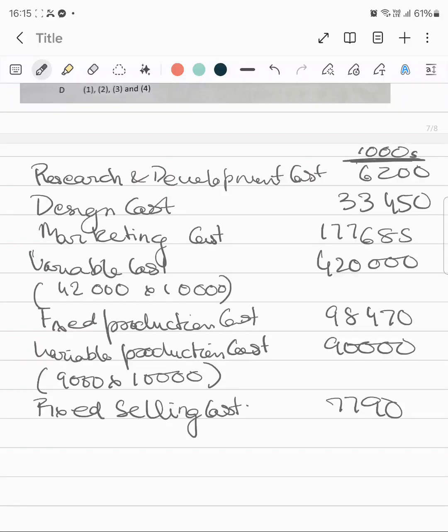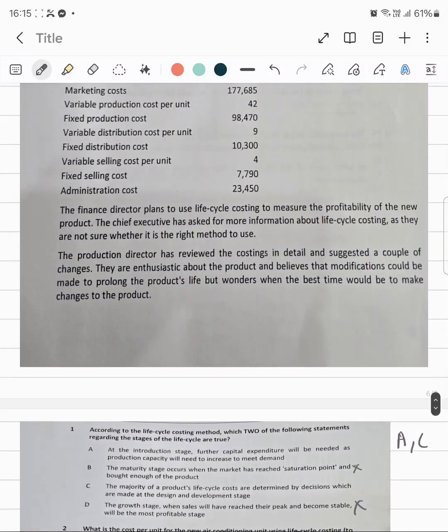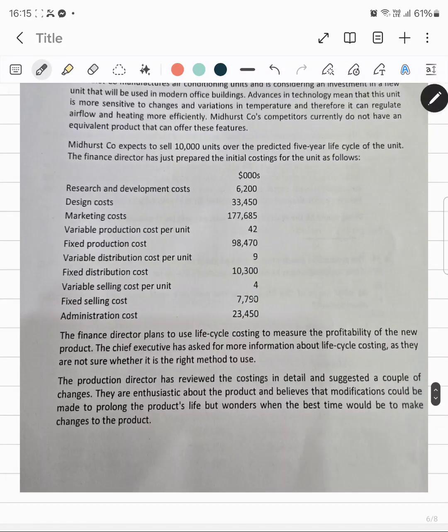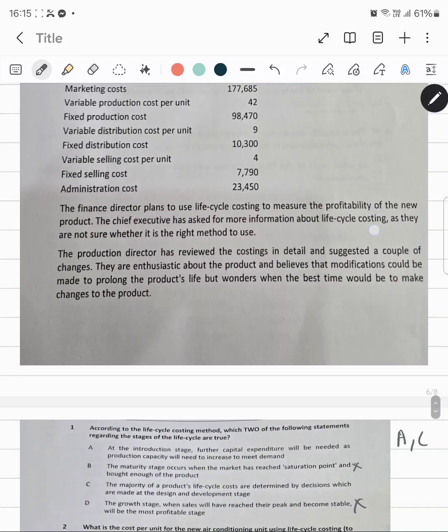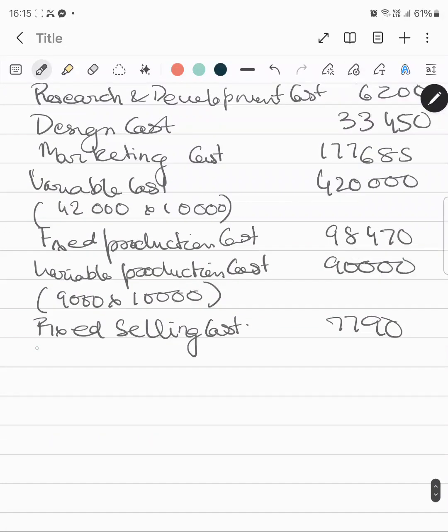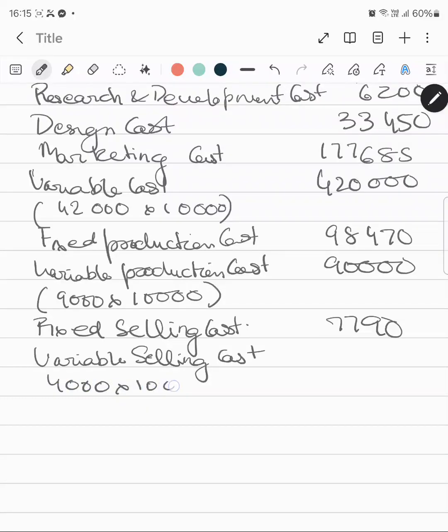After that, okay, I think I missed something. Before fixed selling cost, they had given variable selling cost per unit also. So I'll write variable selling cost, which is 4,000 into 10,000. So 4,000 into 10,000, this is 40,000.